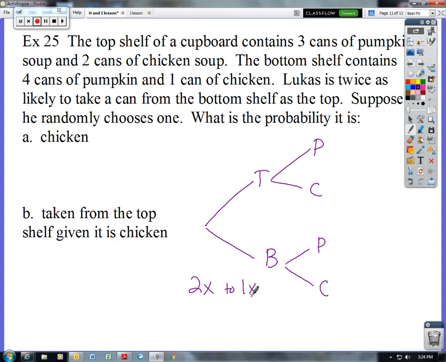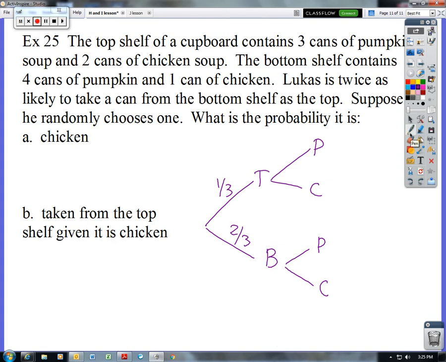If you have a 2 to 1 ratio, you can multiply each of those by x. And then you could think about the total is 3x. So this bottom one is 2x out of 3x, and the top one is 1x out of 3x, or 1/3. So what it boils down to is the bottom shelf, and I'm just rereading to make sure I did that right, 2/3 chance of the bottom and 1/3 chance of the top. That's just the way I thought of it. If you think of it another way that works for you, then that's just fine too.